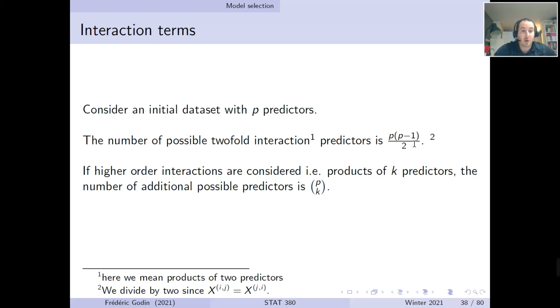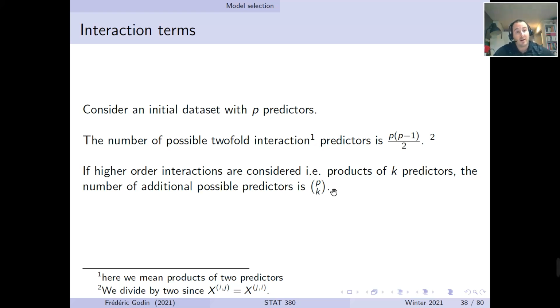So if you want a regression model where you consider all standalone predictors and all twofold interaction products, you would have p plus p times (p minus 1) divided by 2. So you have something of the order p squared predictors to consider. This is a lot more parameters to incorporate in your model.